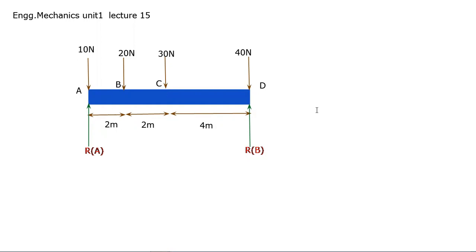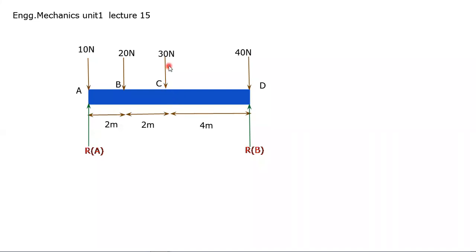Now, these are the forces acting on this beam. As these forces are superimposed on this beam, by Newton's third law of motion, to every action there is an equal and opposite reaction.